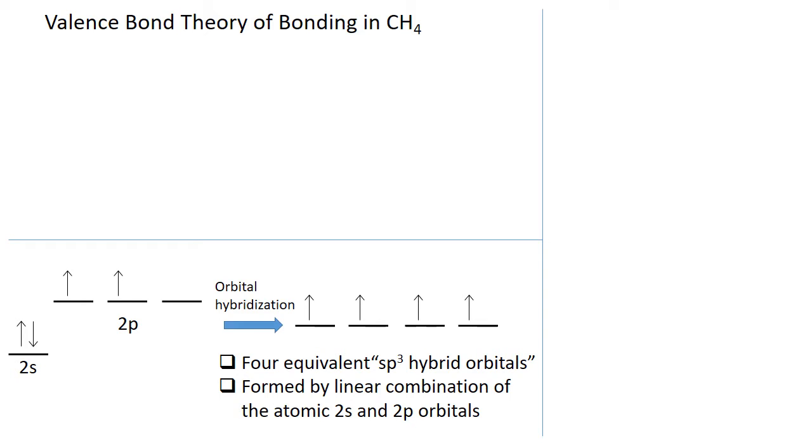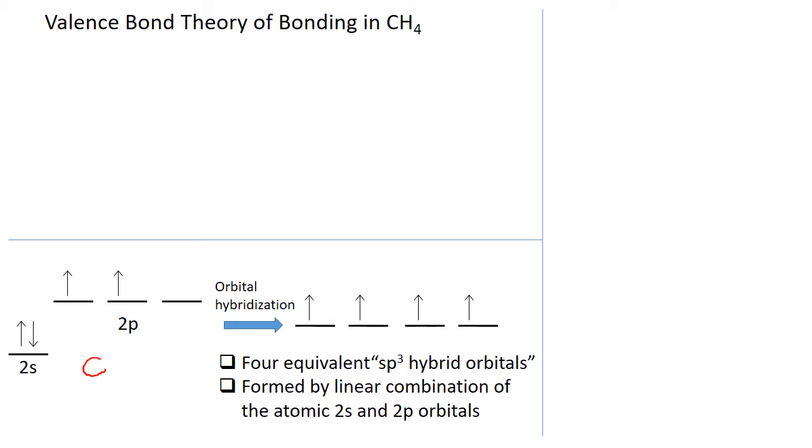Now, let's briefly look at what the bonding looked like from a valence bond perspective in CH4. Recall that valence bond theory tells us that a free carbon atom, which is carbon with no other atoms around it, completely by itself out in space, has the valence orbitals that we showed before.